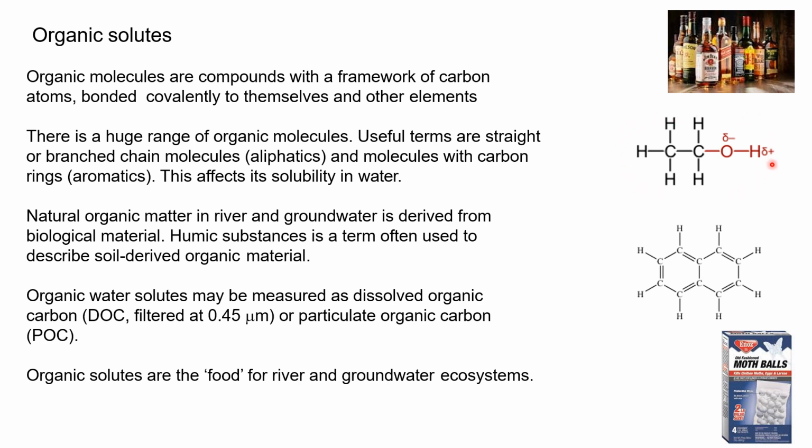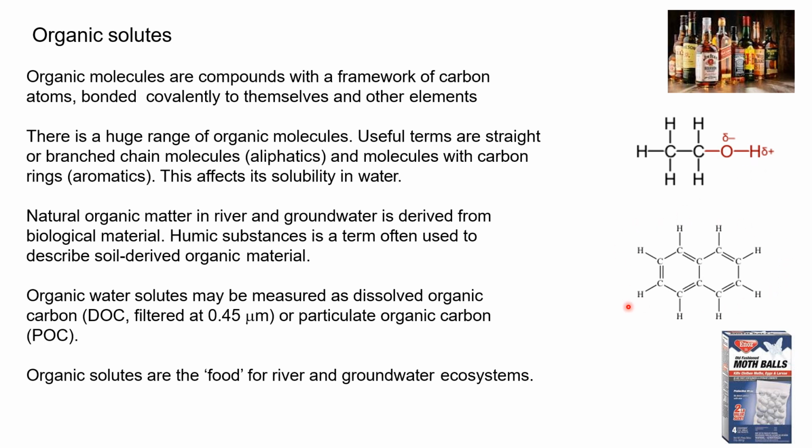So this compound is an alcohol because it's got an OH bond on the end, and because it's polar, it means it's soluble. That's why if you drink an alcoholic beverage, you can mix it to form cocktails, because alcohol does have some solubility in water.